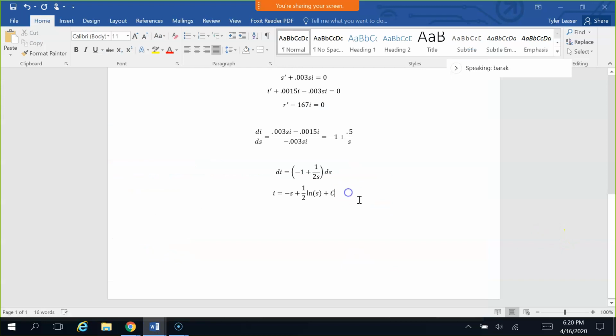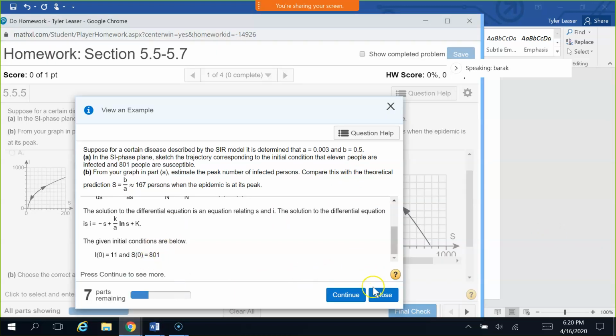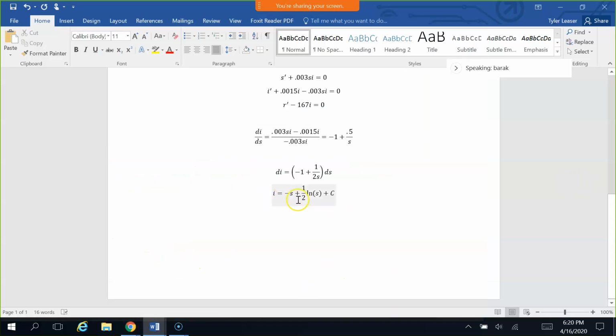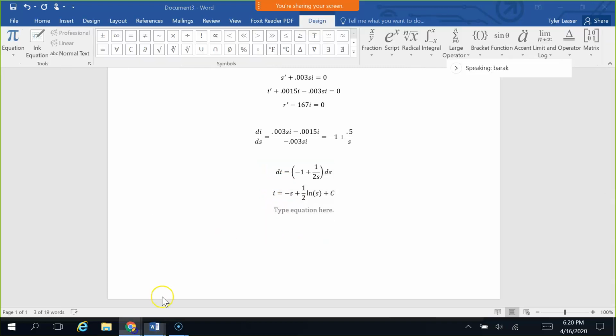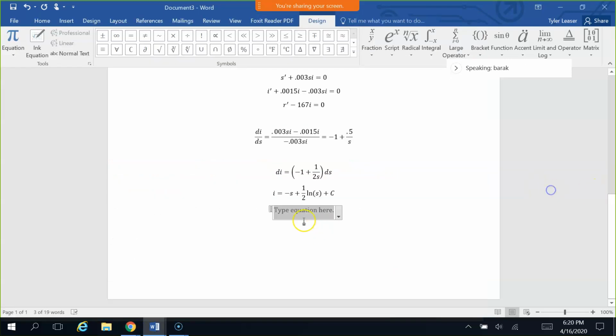Initial conditions now. So that's going to be used to find the C. So if we plug in initial conditions, remember that I was the infected. So I started off with 11 infected people and 801 susceptible.